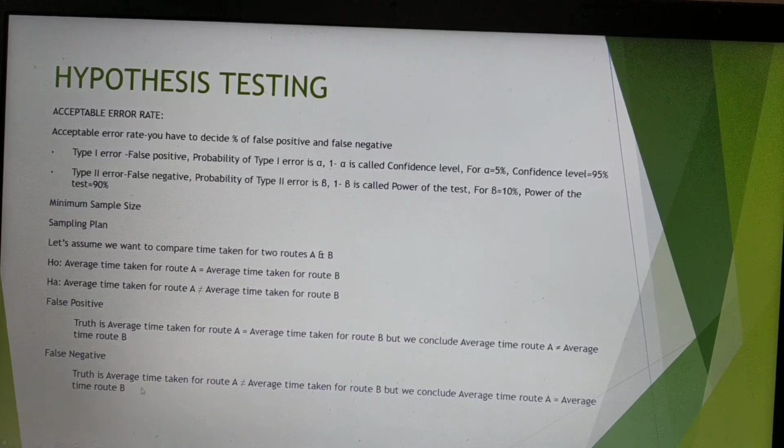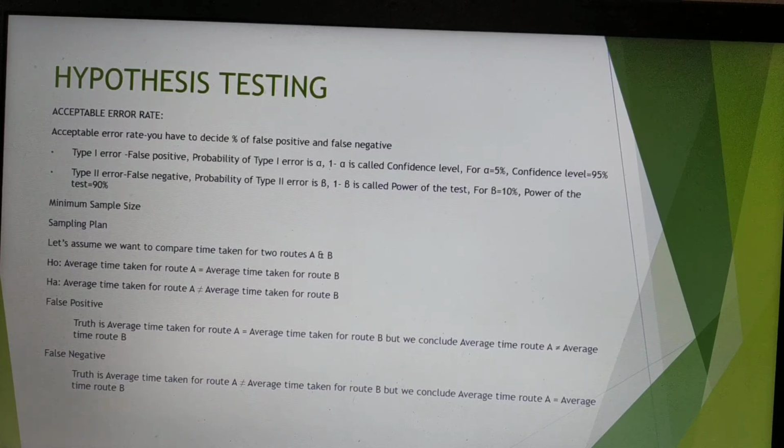Similarly, truth is average time taken for route A is not equal to average time taken for route B, but we conclude average time for route A is equal to average time for route B. This is false negative. Now, why are we making this error?